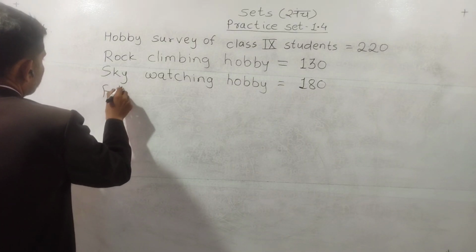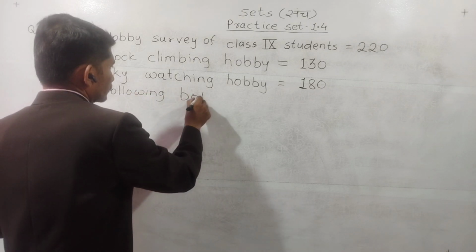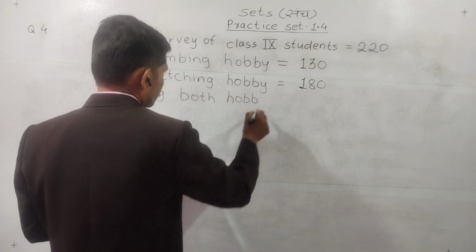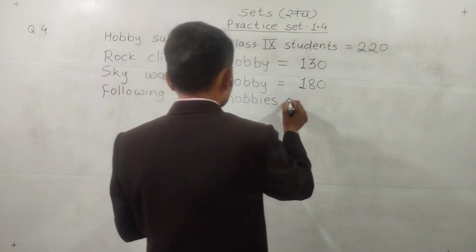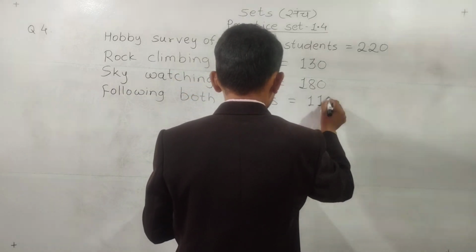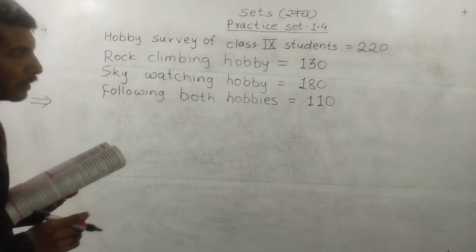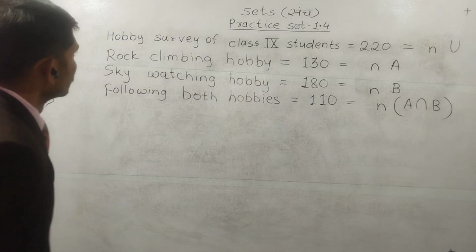Following both the hobbies is equal to 110. Okay, so this question can't be solved by Venn diagram, because now see this question number 4.